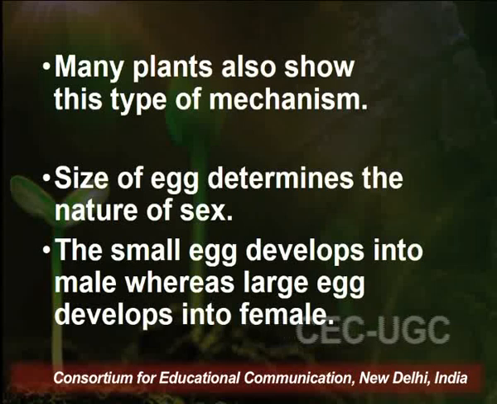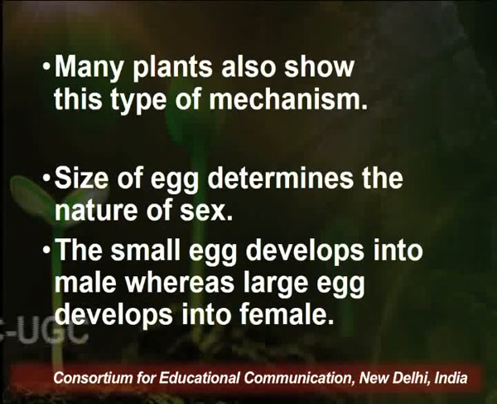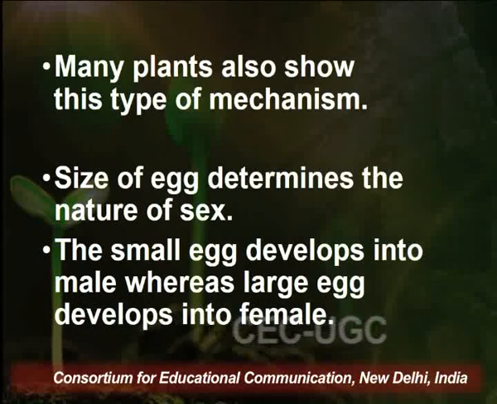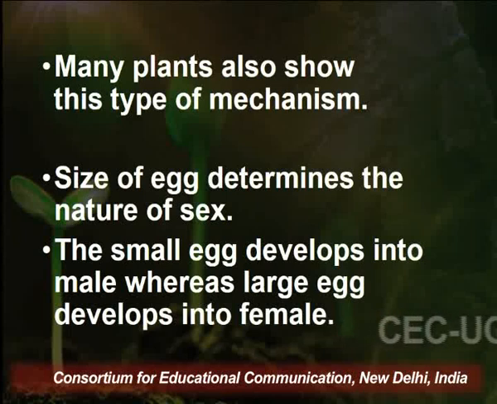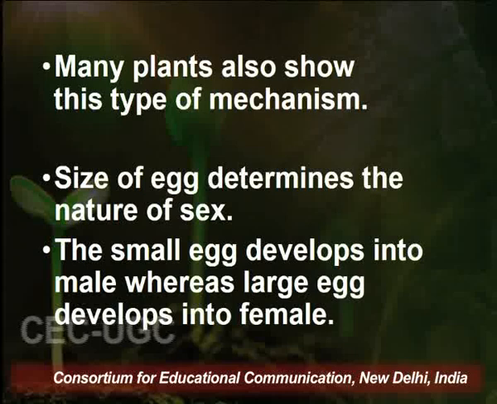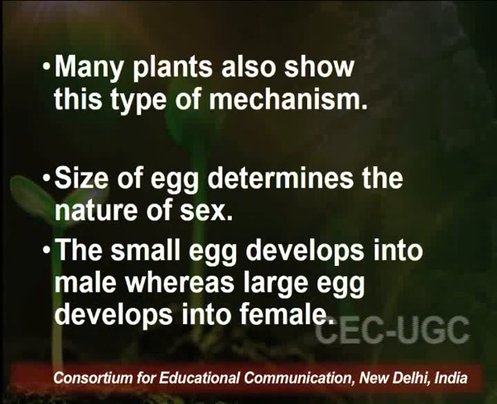For example, the size of the egg is going to also determine the nature of the sex of an individual. The small egg would develop into a male, whereas the large egg would develop into a female. This is very natural because the female has to have enough nutrition to nourish the coming generation.